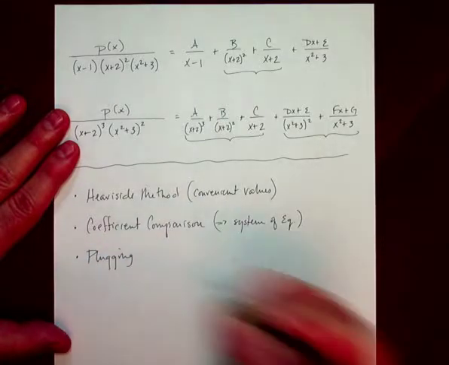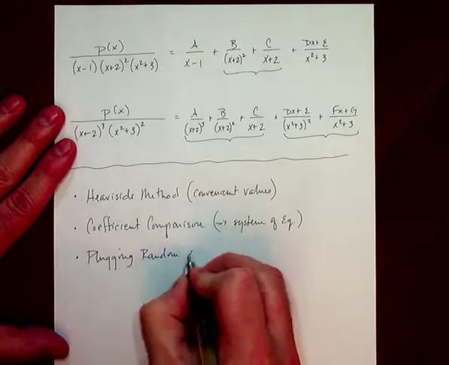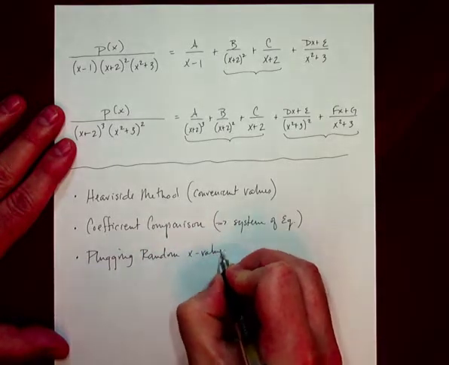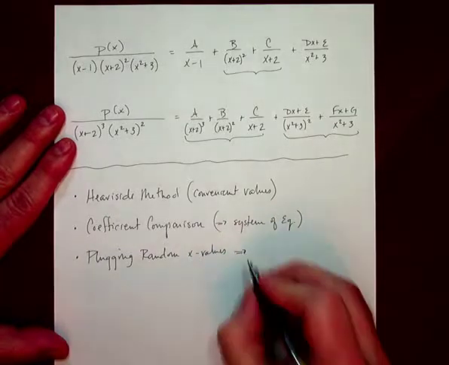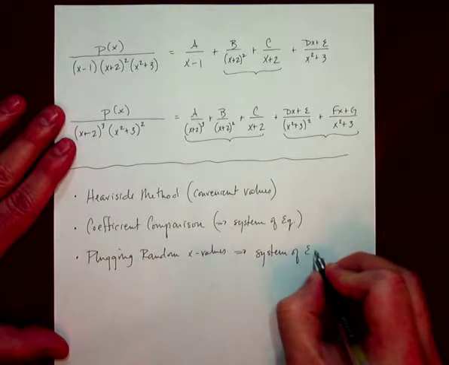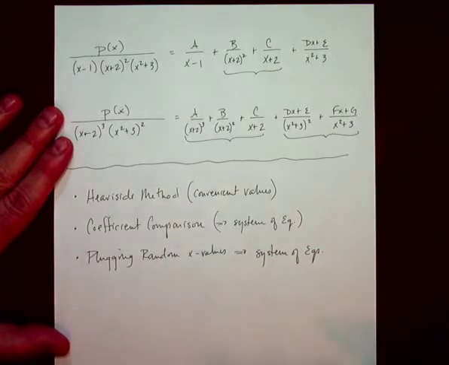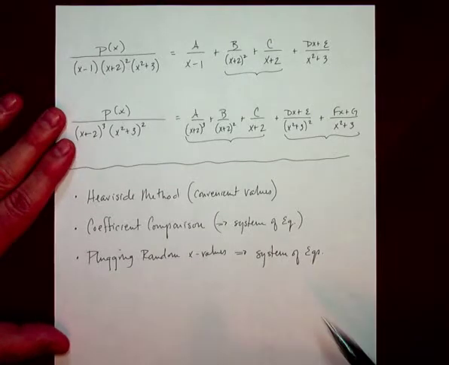And then there is, and I don't know the official name for this one either, basically plugging in random x values, specifically for the sake of leading us to a system of equations. Some of the problems that we deal with wind up being a combination of these.